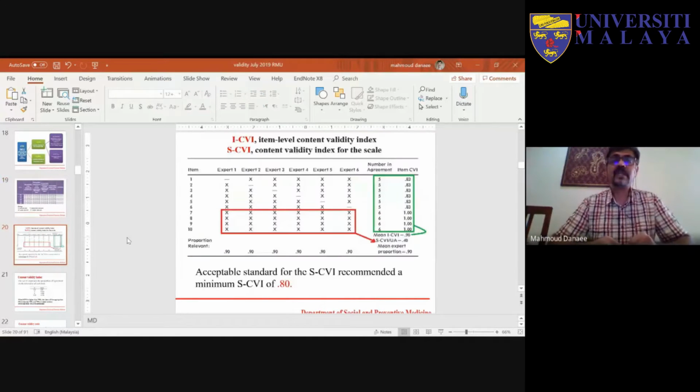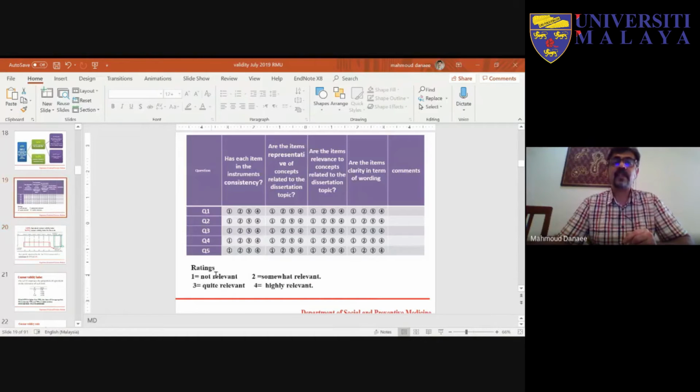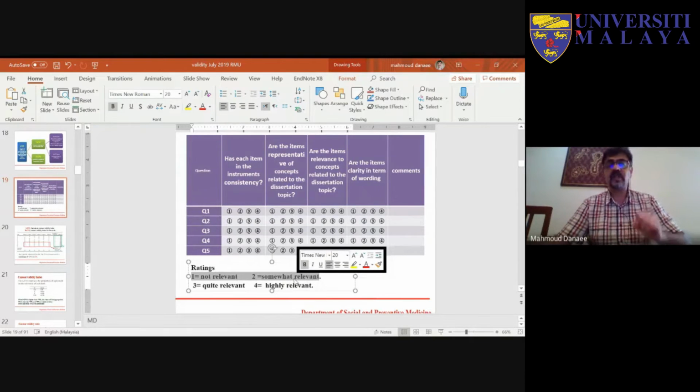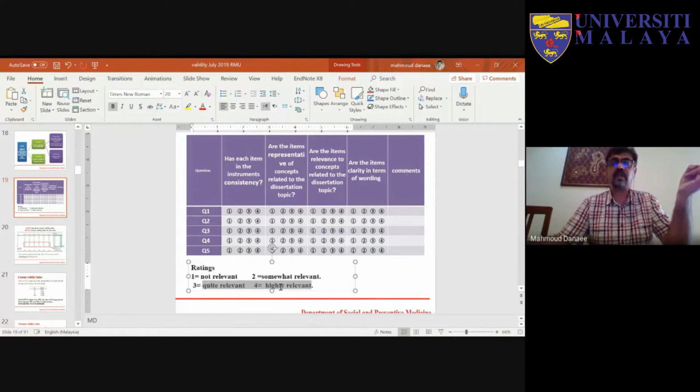Once you collect the information, you will be able to calculate the CVI and also the S-CVI. Suppose that we had 10 items in this example, and we had 6 experts. Each item is ranked from 1 to 4. Remember, if the experts rank it 1 or 2, we consider it 0, and 3 or 4, we consider it 1.